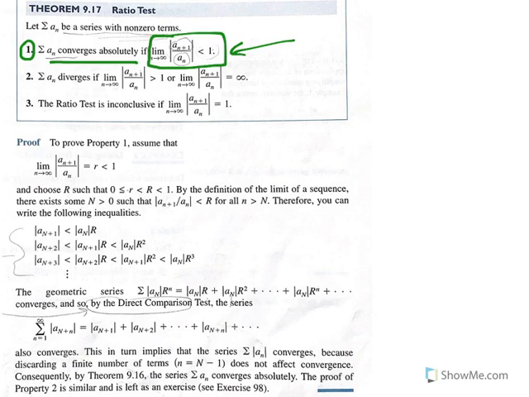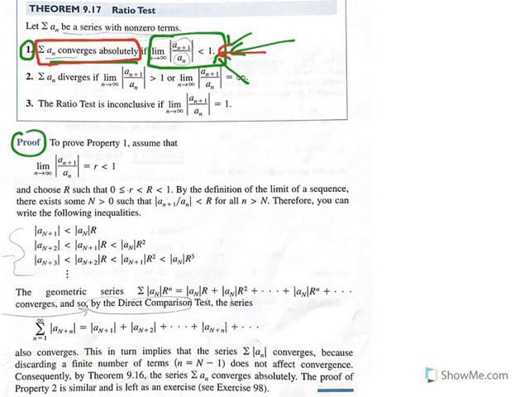The limit being less than 1 is known to us, and with that information, we need to argue in our proof, beginning with the given information, logically until we reach the conclusion that the series converges absolutely. So let's take a look at that.